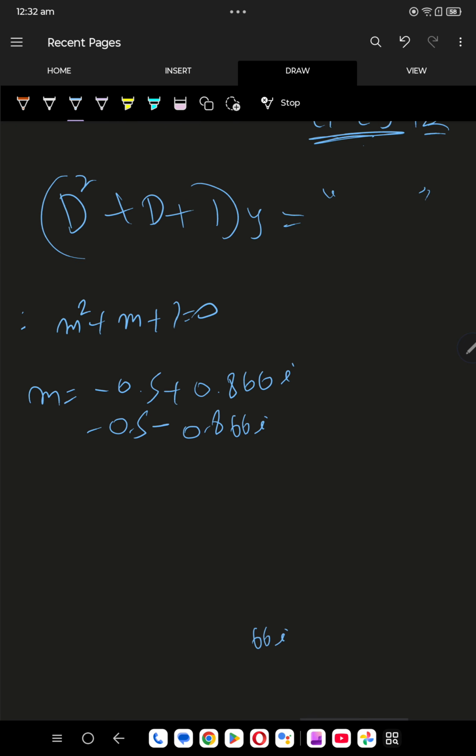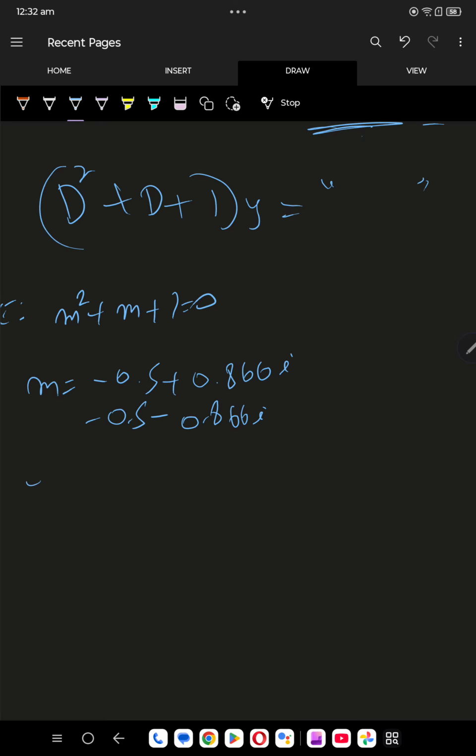So this we know is a complex case: e power ax (c1 cos bx plus c2 sin bx).